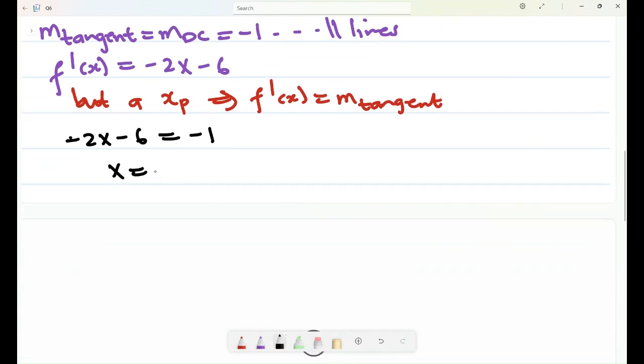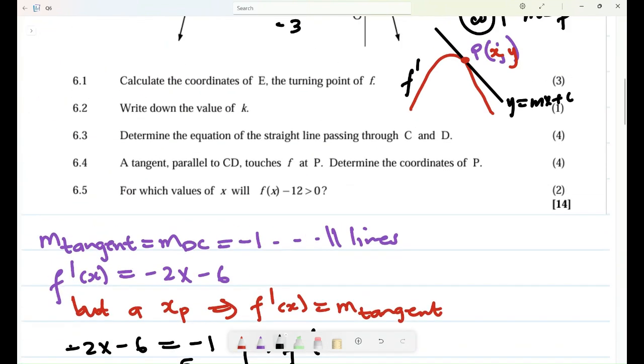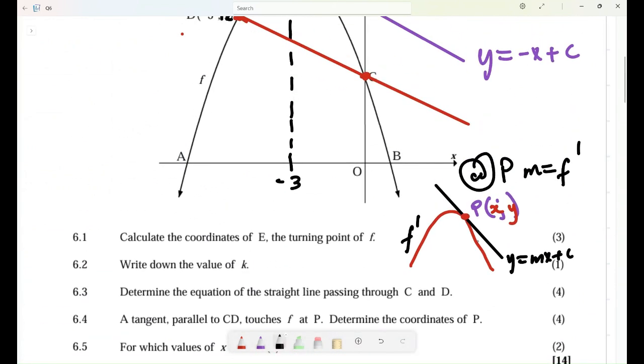When I do my math there, I get my x value at P as negative 5 divided by 2. All right, negative 5 divided by 2. But how do I get y? Remember this point is also a point on the graph of f, right?